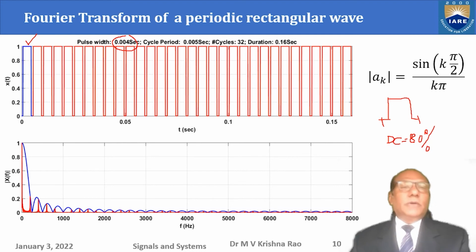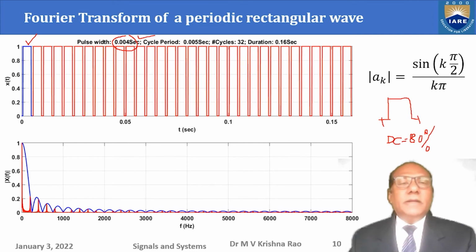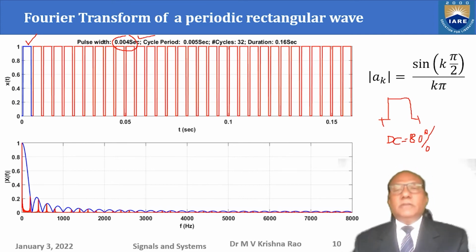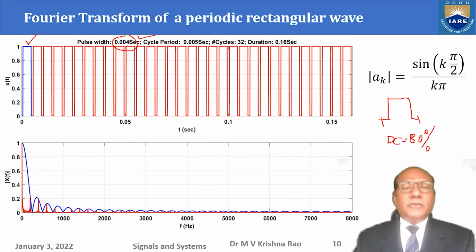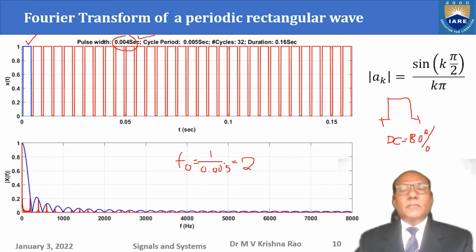So here the pulse width is 0.004 and the cycle period is 0.005. When I say the cycle period is 0.005, what is F naught? F naught equal to 1 by 0.005, which is nothing but 200 Hz. 200 Hz is the fundamental frequency.